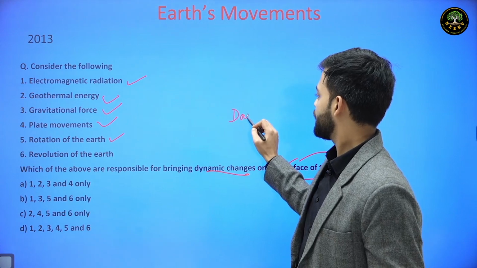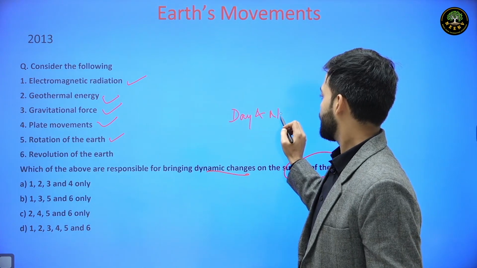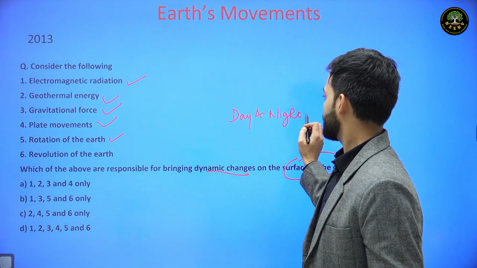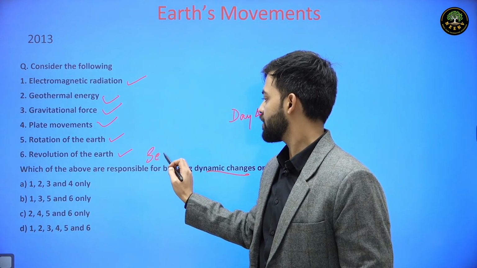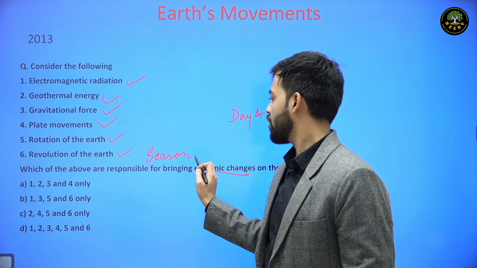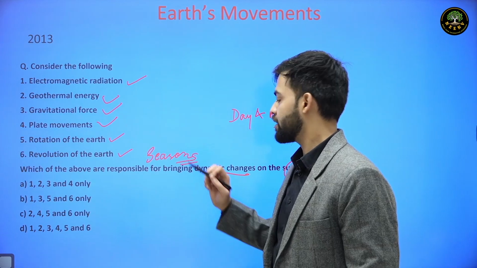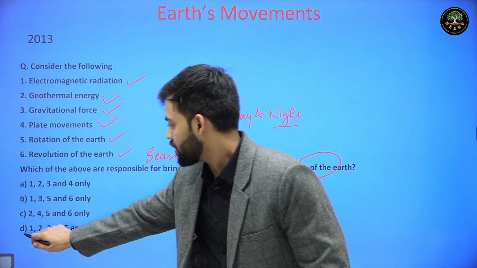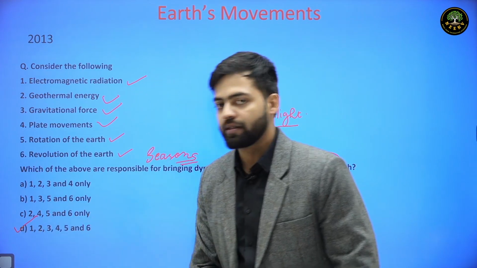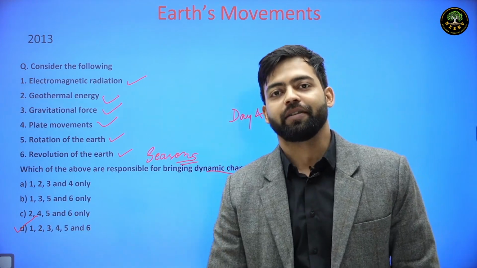Day and night. Because of this, temperature changes. And because of revolution of the Earth, seasons. Revolution of the Earth on a tilted axis gives rise to seasons. So all 1, 2, 3, 4, 5 and 6, that is D, is the correct answer as far as this question is concerned. Thank you.